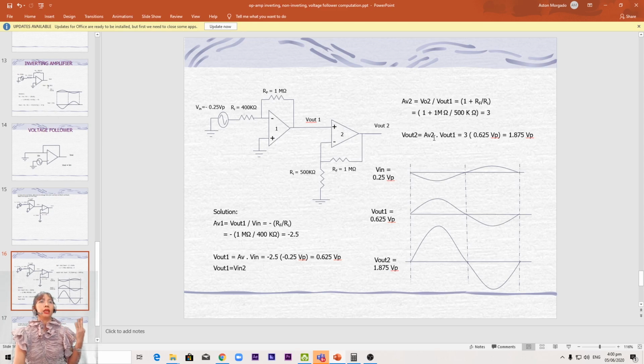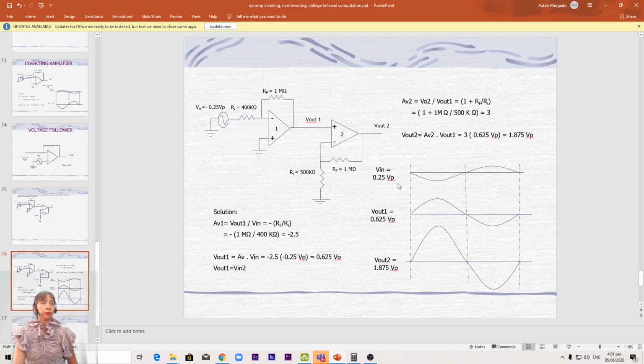Okay? Then multiply that to determine Vout2: AV2 times Vout1 is equal to 3 times 0.625 VP. Take note that 0.625 VP is actually the Vout1. That is equal to 1.875 VP. So if we're going to sketch that using an oscilloscope, we should be able to see this.